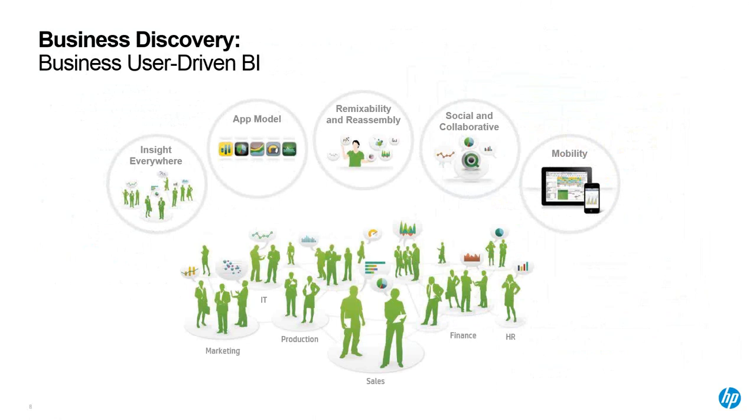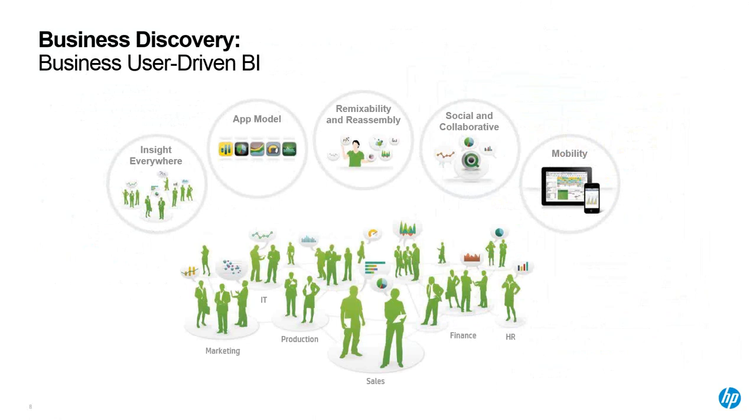With QlikView, it works the other way around. The different departments, different work streams in the company, have the ability to go in and create their own reports or interact with the already created reports. In this case, when it comes to a report, we are talking about a dashboard.